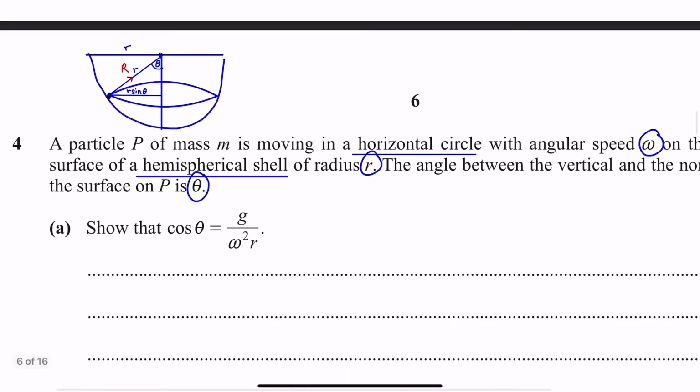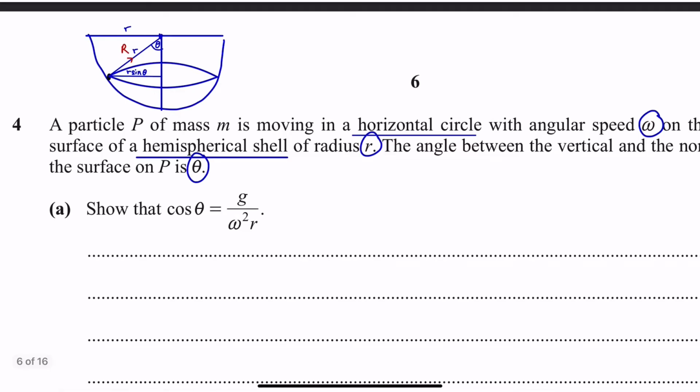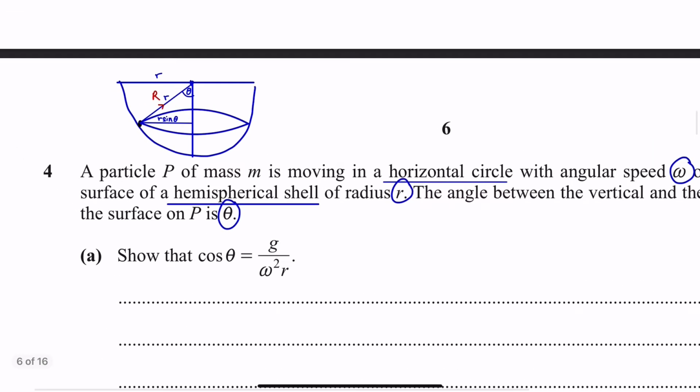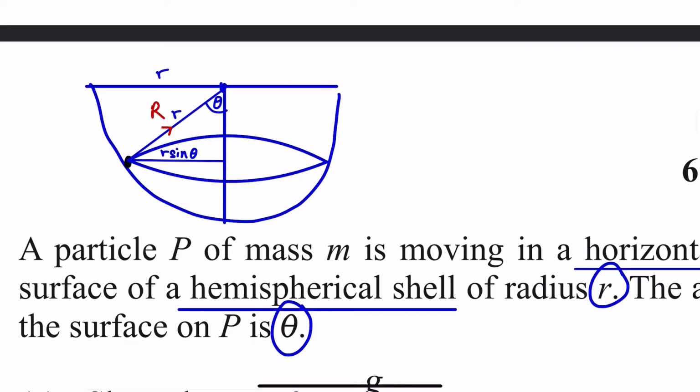Okay, so now we use the information that we have to prove this. We know that the particle has a weight of mg, but the centripetal force would be towards the direction of the center of the circular motion, right?